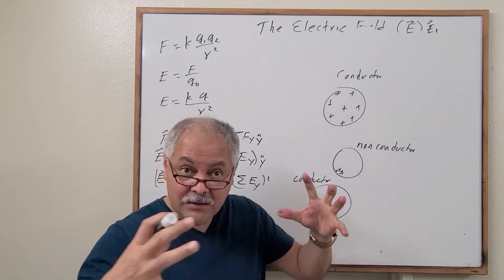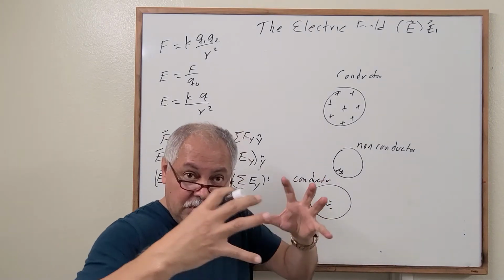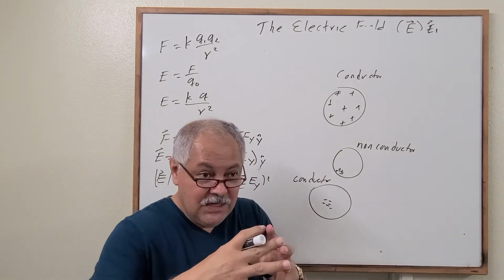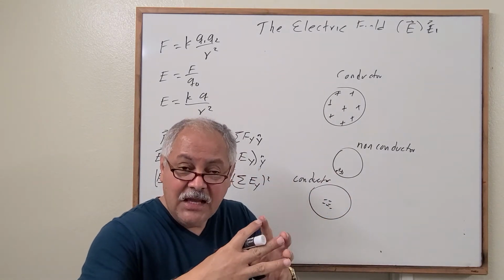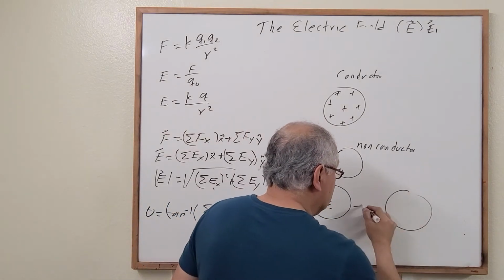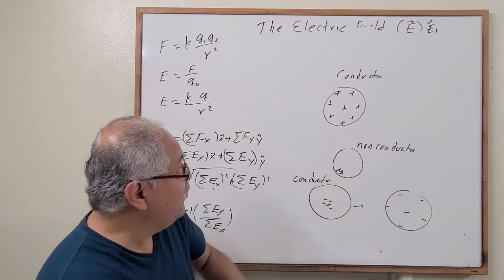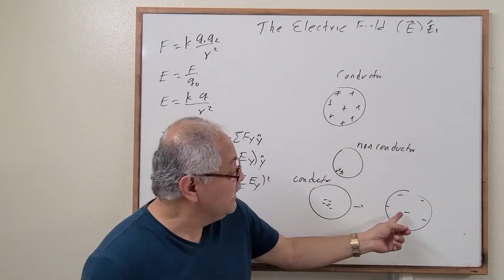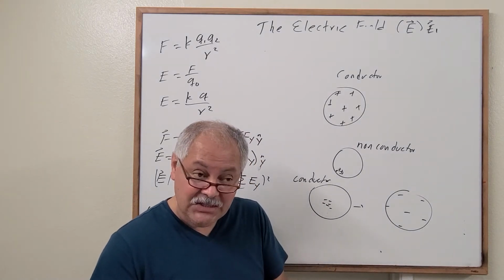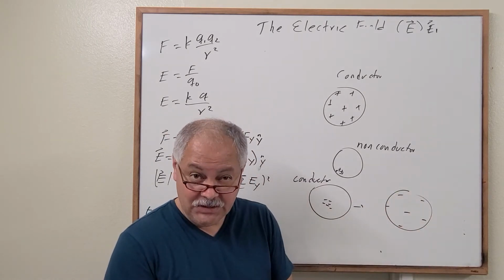The charges repel, right? Because in a conductor they can move from one place to another, and the place where they settle is the farthest from each other, right? And that position is going to be on the surface. So for electrostatics, a charged object, the excess of charges, is on the surface of the conductor.